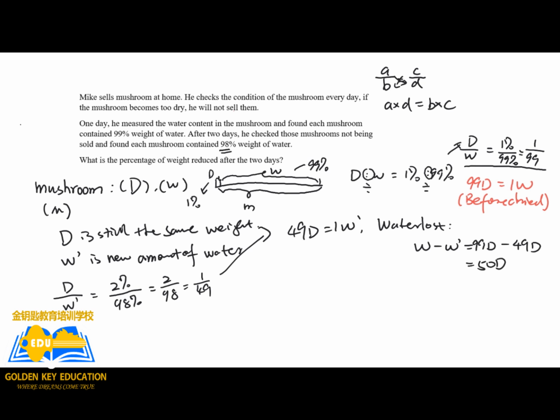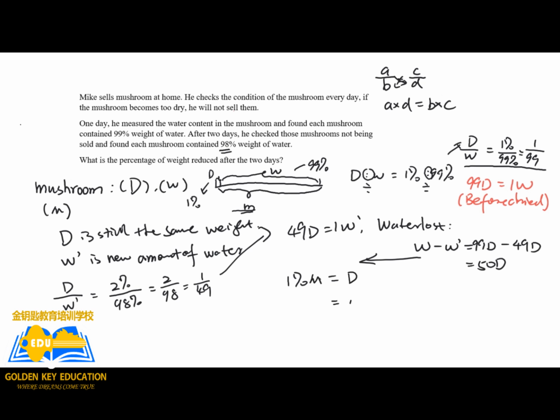So how much weight has the mushroom lost? We need to consider the weight of the dry mushroom compared to the whole mushroom. The dry mushroom is 1% of the entire weight, so 1% of the weight of the mushroom is the same as D. So what happens with 50D?